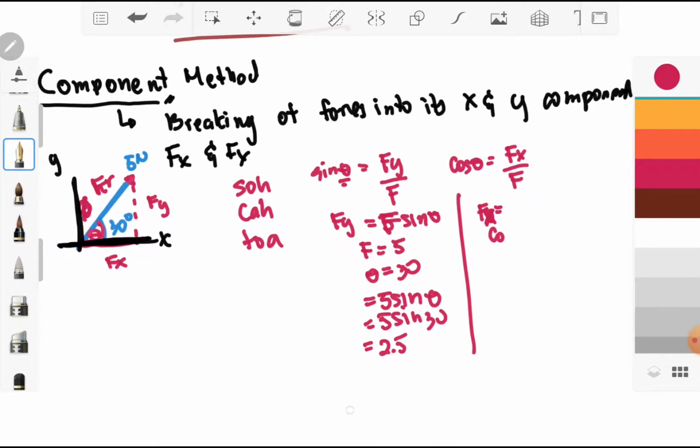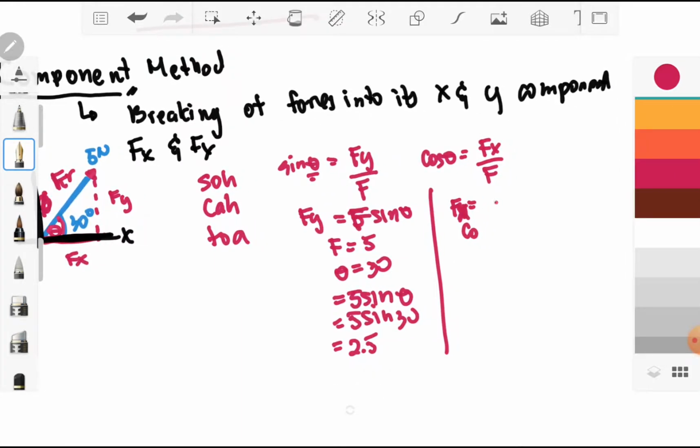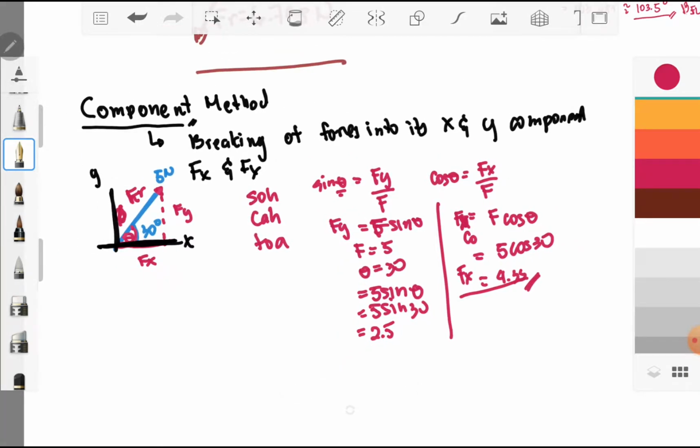So fx is equal to f cosine theta, which is equal to 5 cosine 30. Therefore, 5 cosine 30 is equal to 4.33. This is the x component of this force.